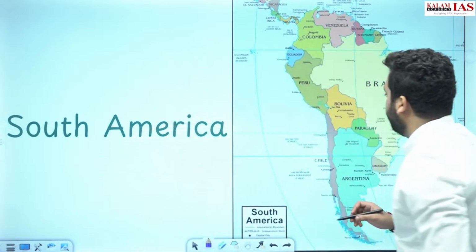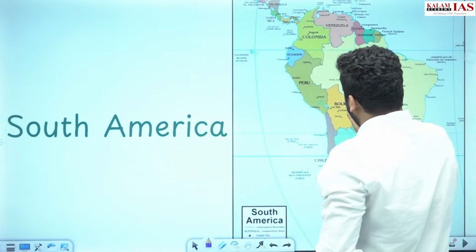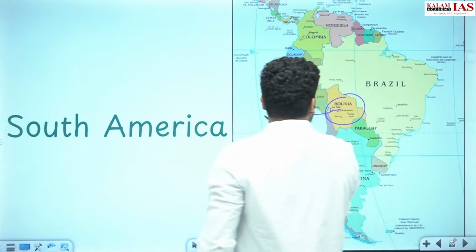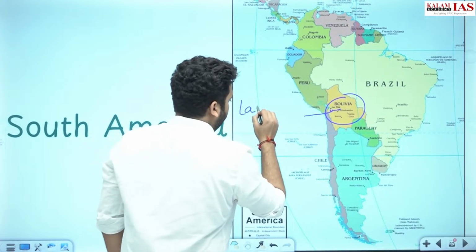Another important entry which you have to do is Bolivia. The capital of Bolivia is La Paz.